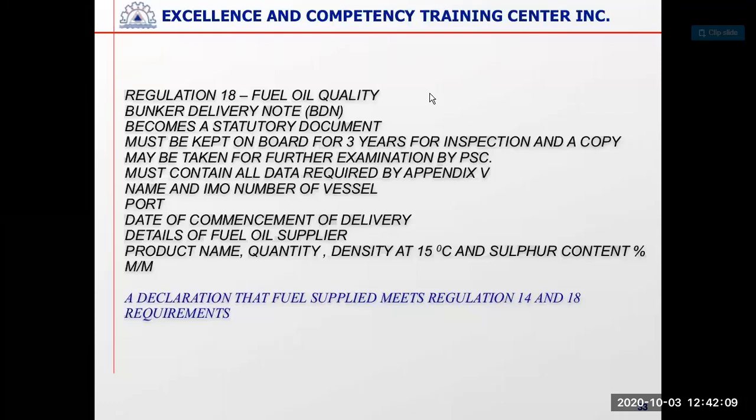You have to obtain the MSDS every time from the supplier, the latest specifications of the fuel, sulfur content, with all the ship's details like name, date of delivery, fuel, sulfur content, product name, density and all, and a declaration that the fuel supplied meets the regulation as per MARPOL.